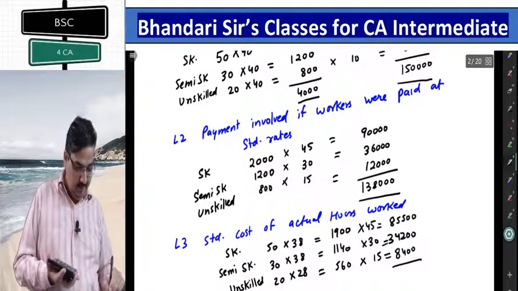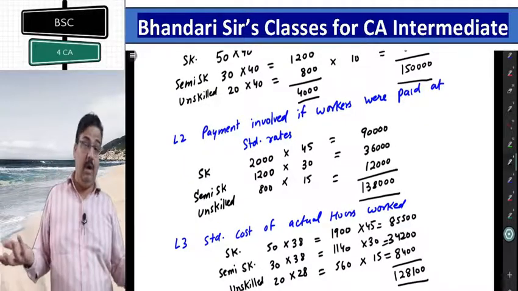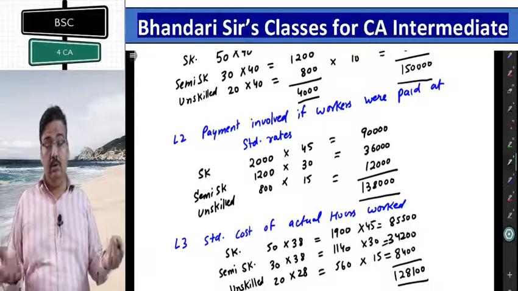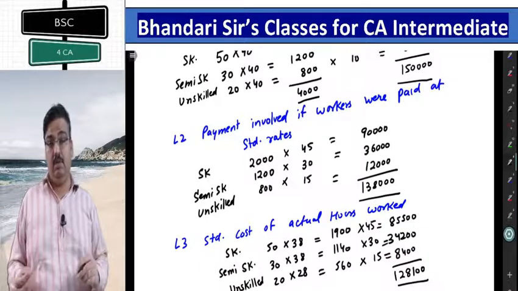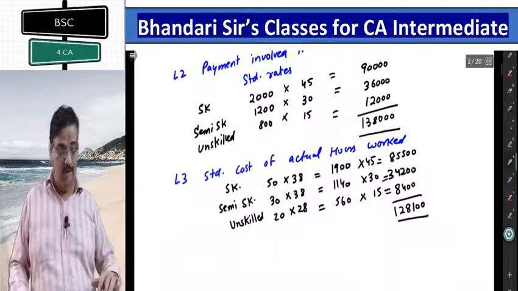If I add them, I get 1,31,100. L4 is not required because it does not want the mix variance or sub-efficiency variance. Those require L4, so here I am not computing L4.